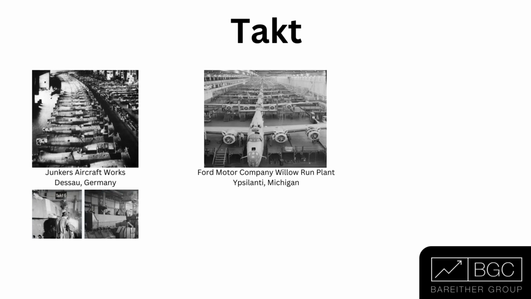And at the Willow Run facility, they were producing the B-24 Liberator, and they actually got to this similar concept of a synchronized or a paced production system, and they got down to the point where they were producing one completed airplane every hour, completely blowing out any productivity that they had seen before that.